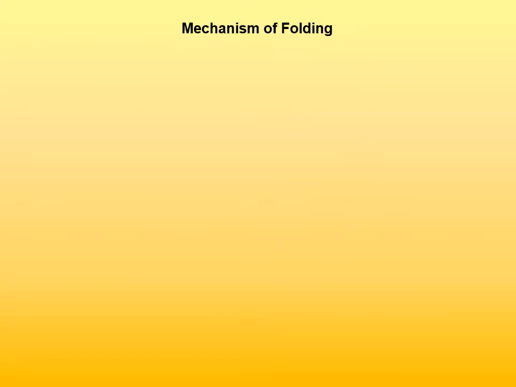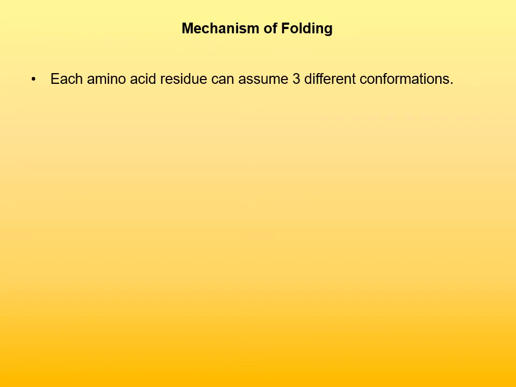Now we're going to examine the mechanism of folding. Each amino acid residue can assume 3 different conformations, as we have covered previously. That means there are those 2 angles, phi and psi angles, on the alpha carbon of each amino acid residue. As a consequence of possibly assuming different phi and psi angles, each amino acid residue has basically 3 degrees of freedom.